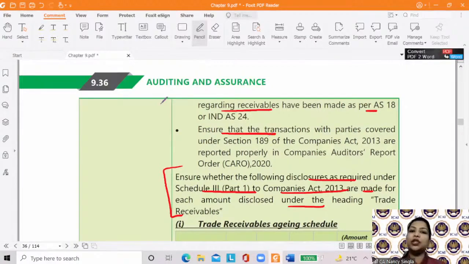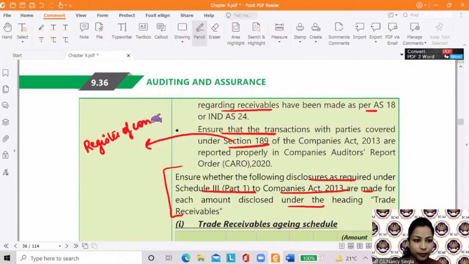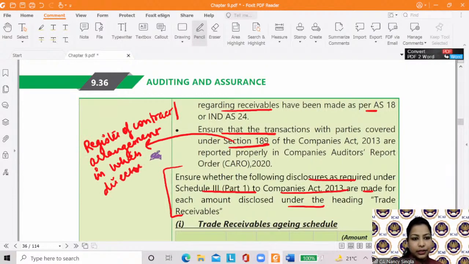I'll be discussing with you in chapter number 10, ठीक है। But as of now try to understand what is Section 189, ठीक है। अभी I'm not taking it in detail, I'm just telling you it is the register of contracts or arrangements in which director is interested.